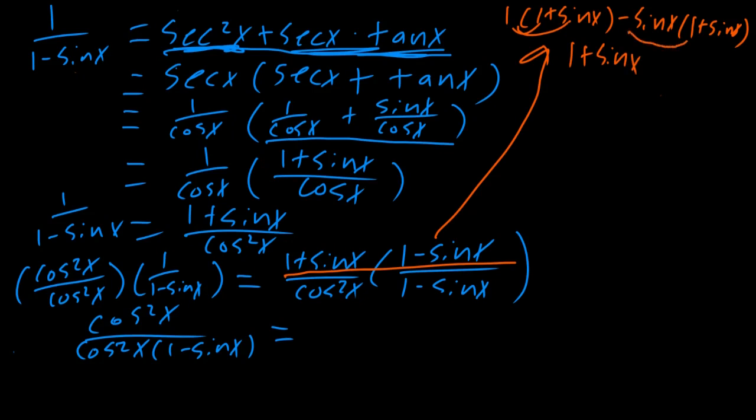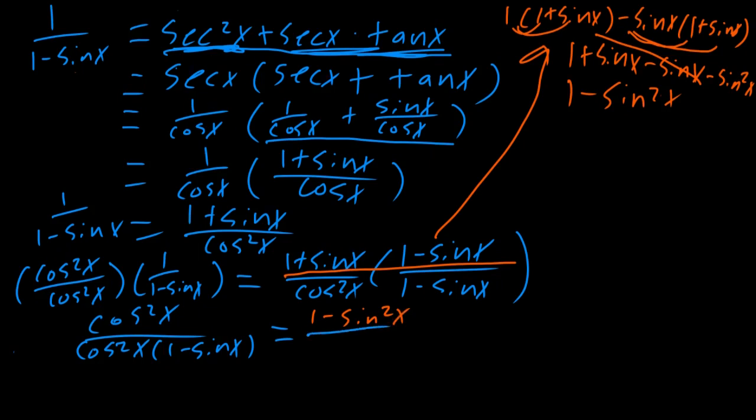Negative sine of x times 1 is just negative sine of x. Then negative sine of x times sine of x is negative sine squared of x. These cancel out, so we're just left with 1 minus sine squared of x over cosine squared of x, 1 minus sine of x.